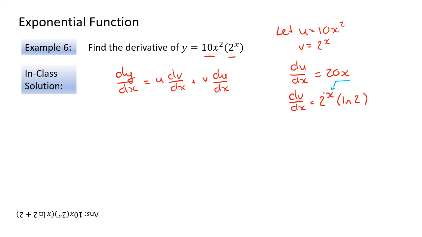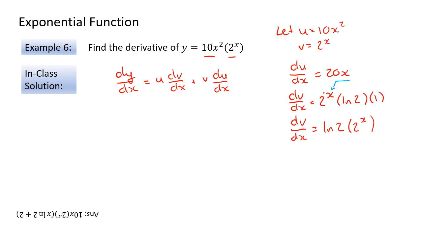In that case, the derivative of x is simply 1. So dv by dx is 2 to the x, ln 2. I always like the numbers first: ln 2 times 2 to the exponent x.